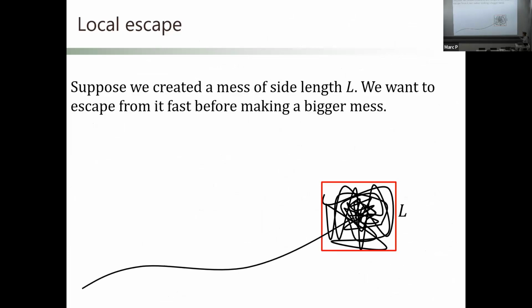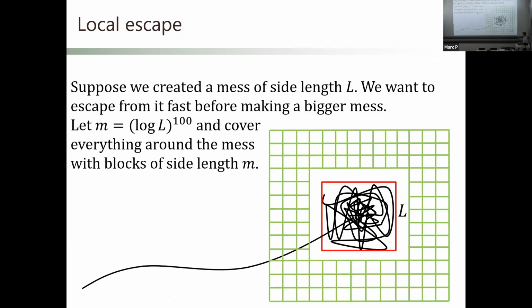So imagine we have some messy region here of side length L, and now I'm going to draw a grid around here of boxes on a much smaller scale, like side length M equals (log L)^100. These green ones are much smaller. What I'm going to claim is that each time I enter one of these green boxes for the first time, I have a very good chance of being able to escape and get away from this tangle pretty quickly.